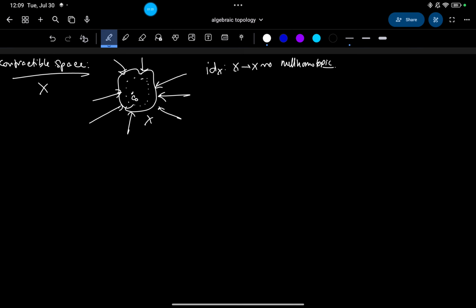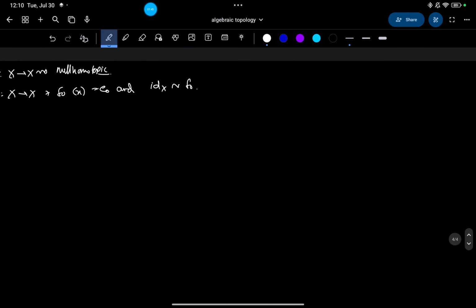So null homotopic means there exists f naught, a mapping from X to X such that f naught of small x equals x naught, and identity of X is homotopic to f naught.